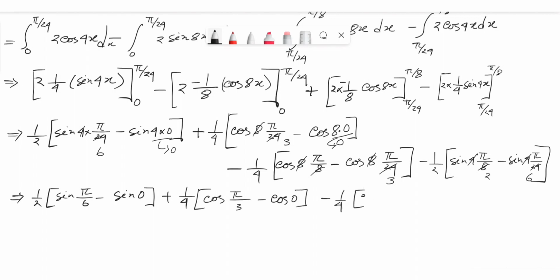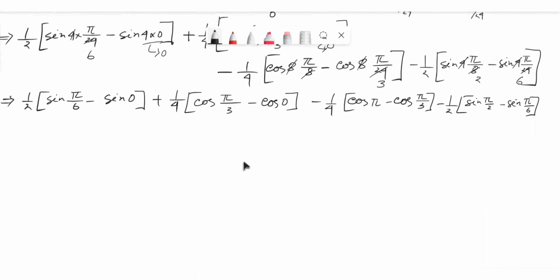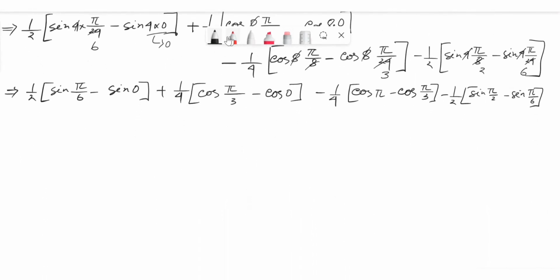This will be cos pi. This will be cos pi by 3 minus 1 by 2. This will be sine pi by 2 minus sine pi by 6. So now we need to know the value of this. Sine pi by 6 will be 1 by 2.